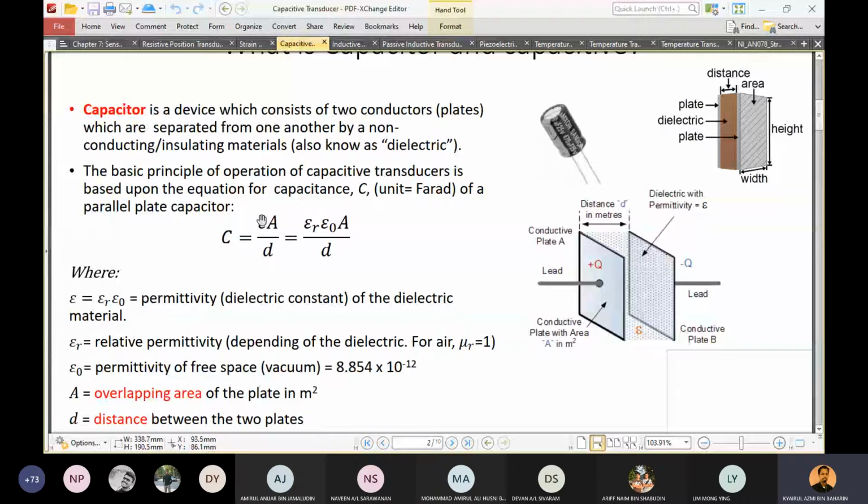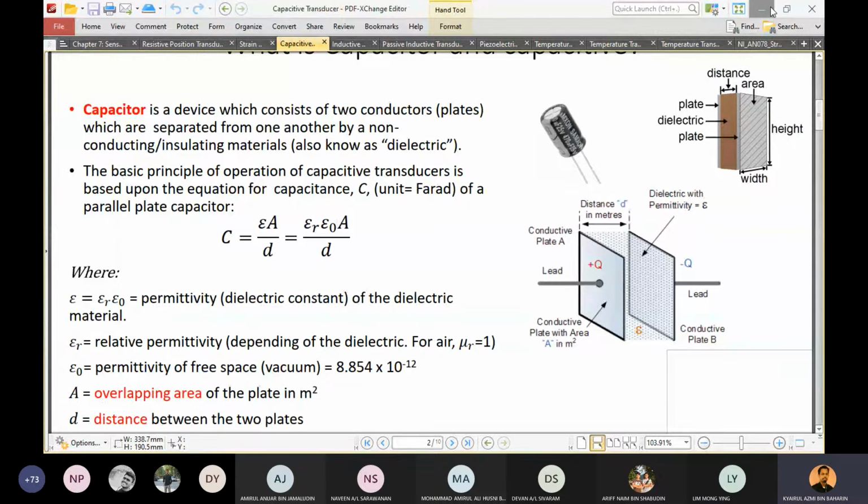Epsilon is actually comprised of two separate parts, epsilon naught and epsilon r. So epsilon r is relative permittivity and epsilon naught is the constant permittivity, or permittivity of free space. So epsilon r is going to depend on the type of dielectric.